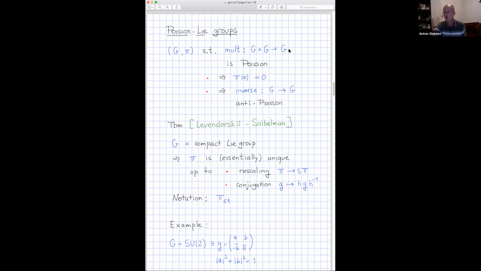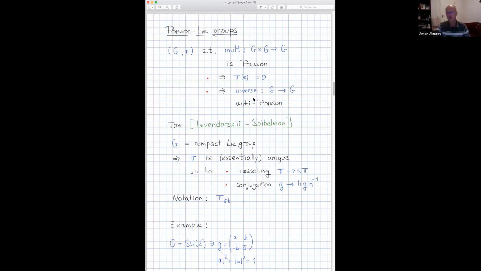This is a highly non-trivial condition, and it implies two things, among others. First of all, at the group unit, the Poisson bracket necessarily vanishes, and it will be important for us.